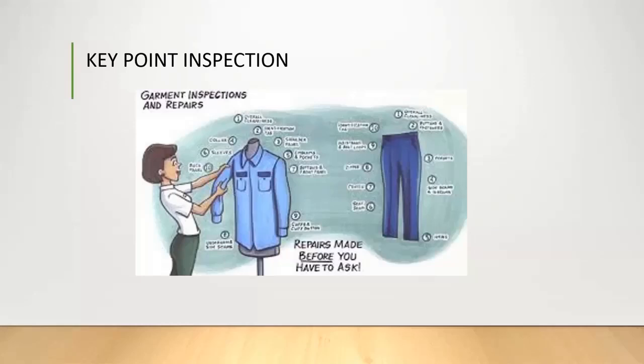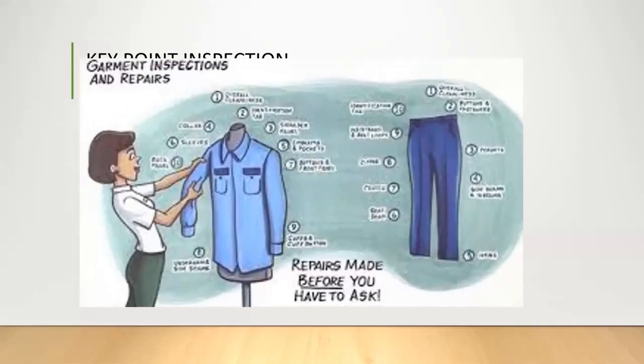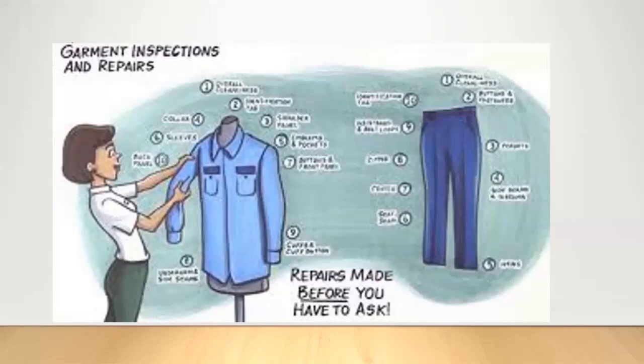In this method, due to some repair or some defects that have been found, a certain portion is getting inspected for repair work. That is why it is called key point inspection. This is for repairs of a particular garment.